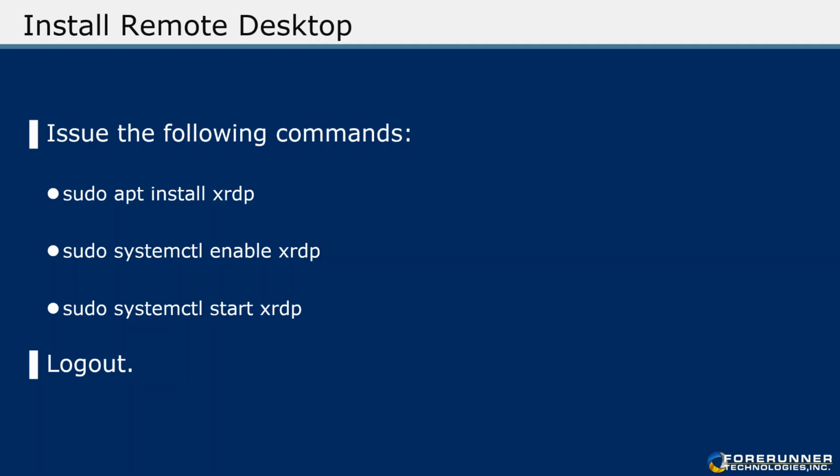Once we open the terminal window, we will issue those three commands that will install the XRDP package, which is the name of the remote desktop package for Ubuntu. And then we will enable it and we will start the service. And at this point, we are ready for our machine to accept the installation of Inform Voice SMB.